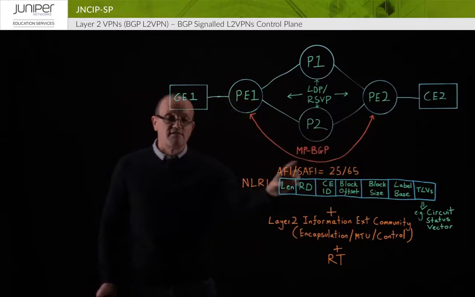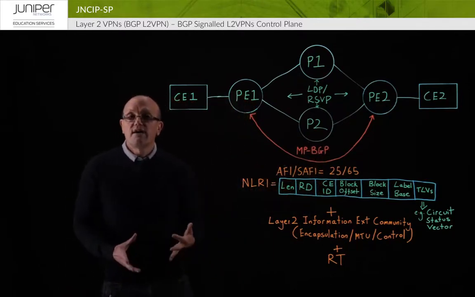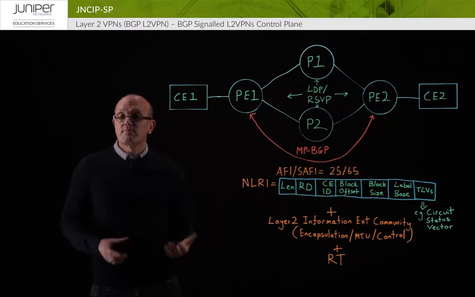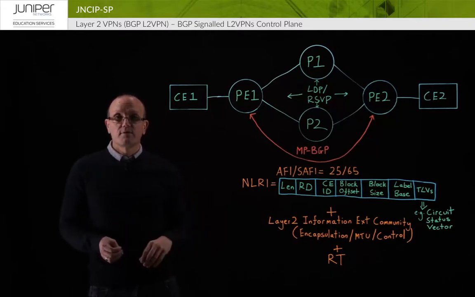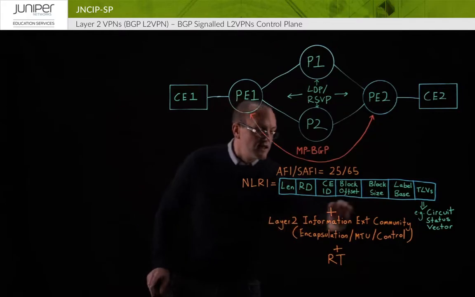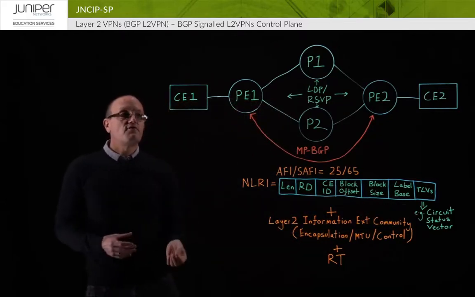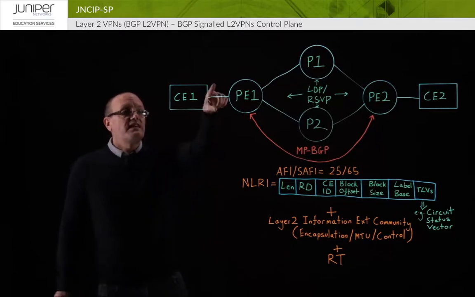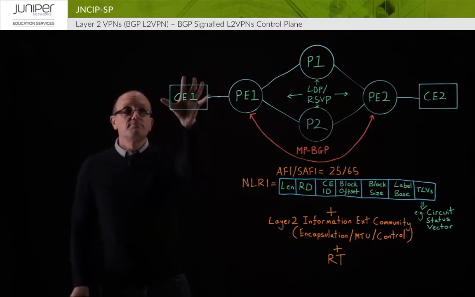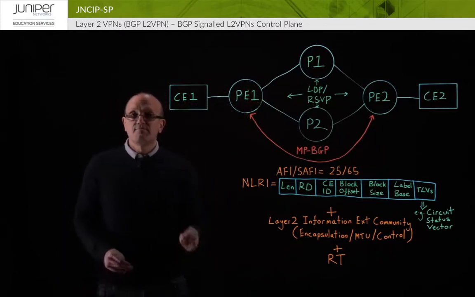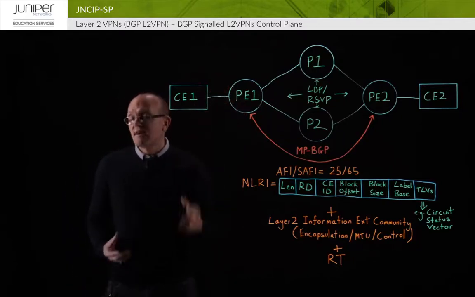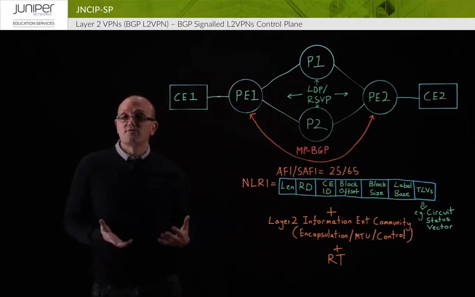Along with this NLRI, we are also carrying 2 additional extended communities. The first is the Layer 2 Information Extended Community, and this is going to be referring to things like the encapsulation that we have between the CE and the PE. You know, is this an Ethernet virtual circuit? Is this an ATM virtual circuit?